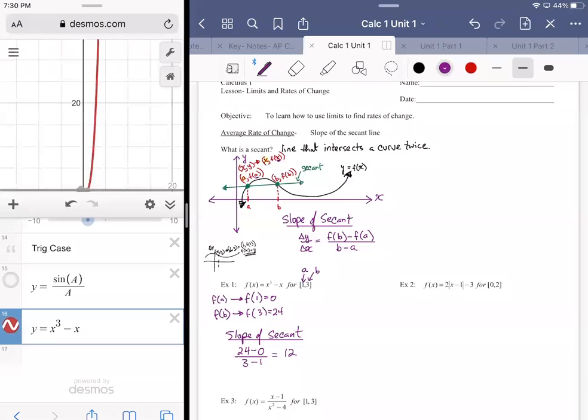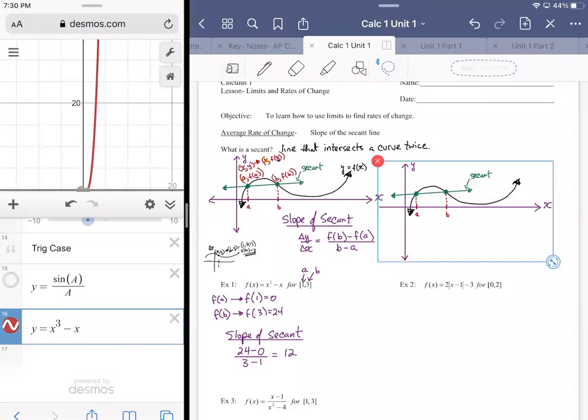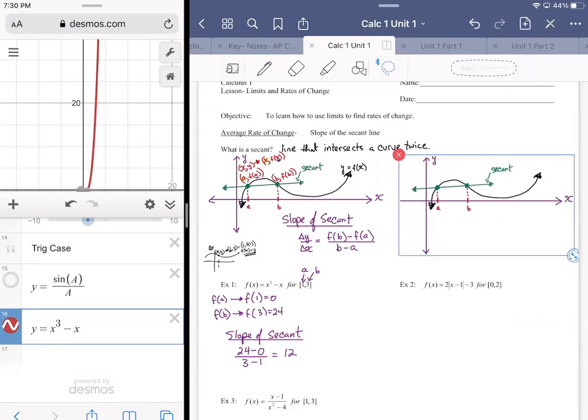But there's another way that we can write the slope of the secant line. So I'm going back to my diagram here. Instead of choosing a second point that we call B, we can relate the second point to the first point, but we would have to do so by determining what that relationship is.